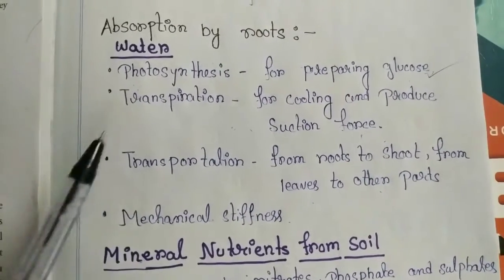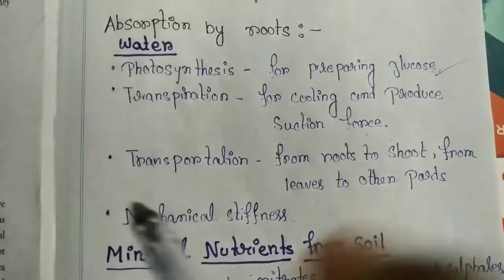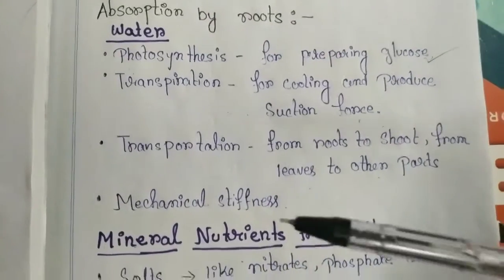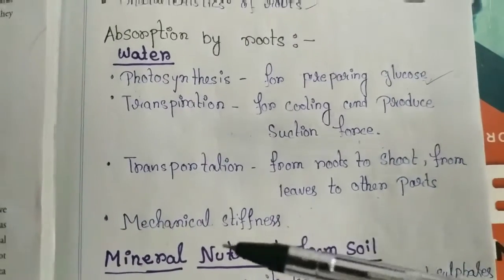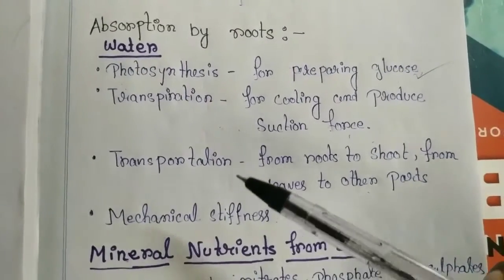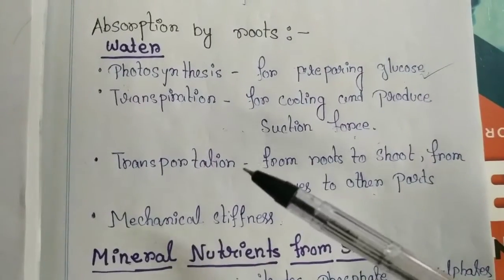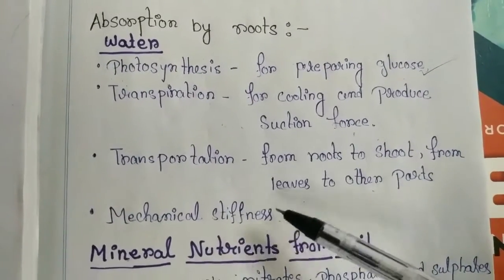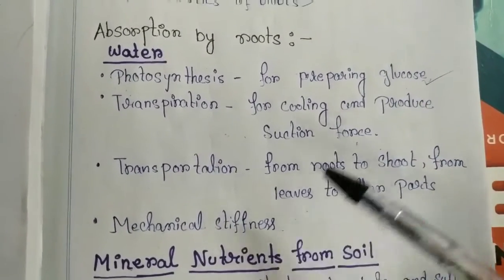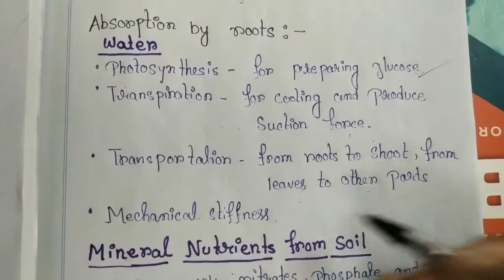The last point I have written is mechanical stiffness. As it is written in the book also, water constitutes more than 80% of the cell protoplasm, and this water gives the stiffness or rigidity of a plant.